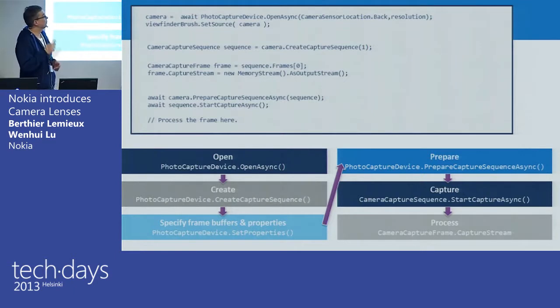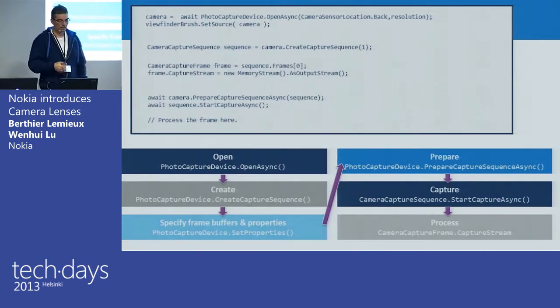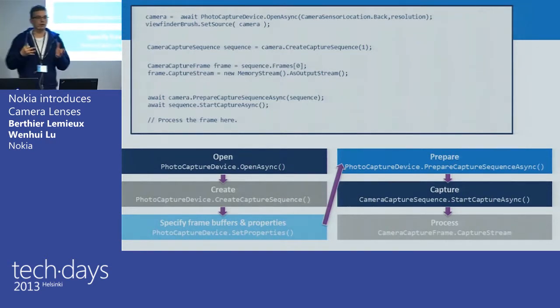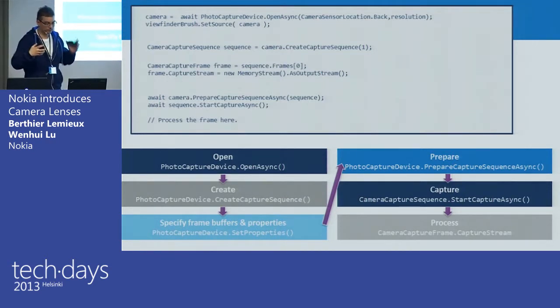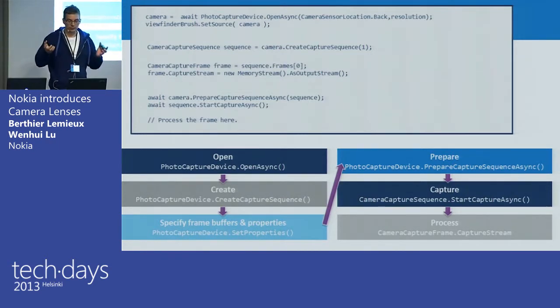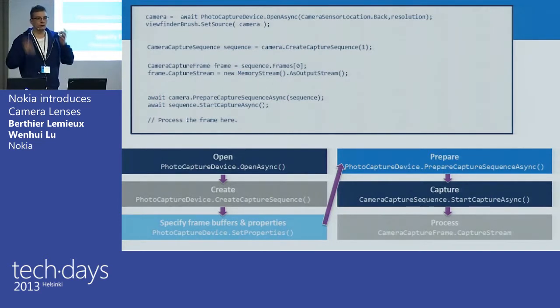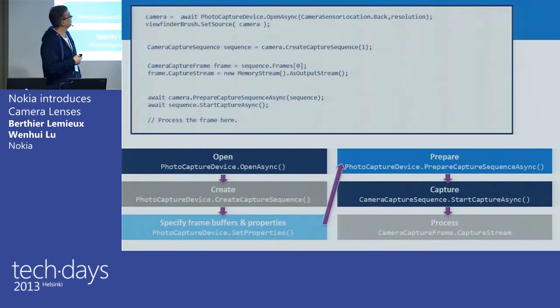And then you call prepare. That's an async call. You call prepare capture sequence async, and you wait for that. What happens there is that the camera subsystem will reserve all the memory needed. It will power on the right parts of the image processors and all that. And when you get back from the await, then you can start the capture.